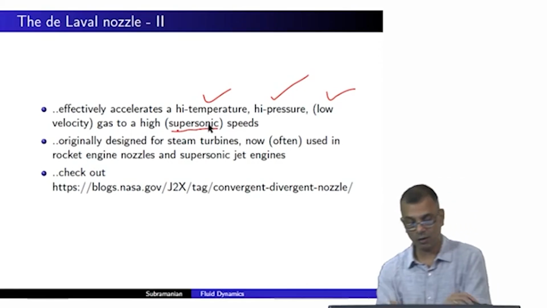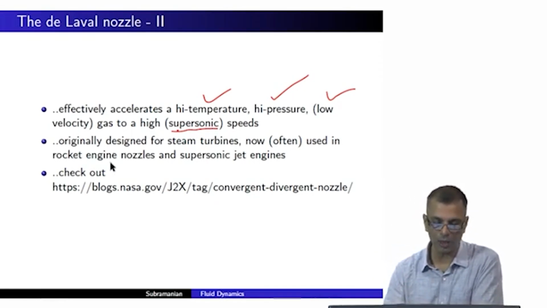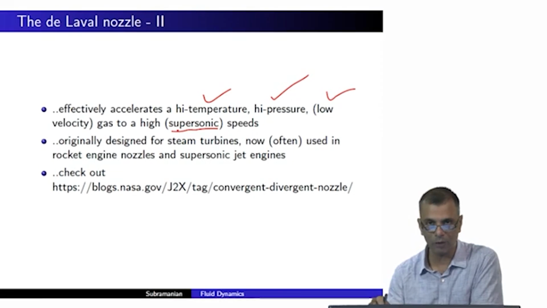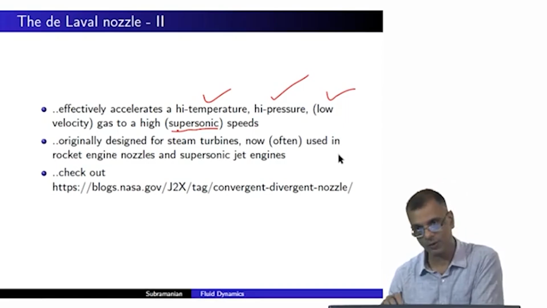It was originally designed for steam turbines, and it's now often used in rocket engine nozzles and supersonic jet engines. Unfortunately, I don't know how many of you would have heard about supersonic jet engines. Long ago in the 80s, was it? Yeah, the Concorde was a very hot thing, and these were planes that could cross the sonic barrier and become supersonic.